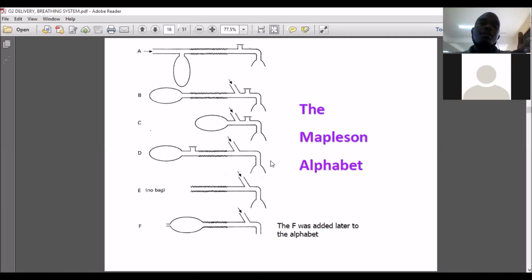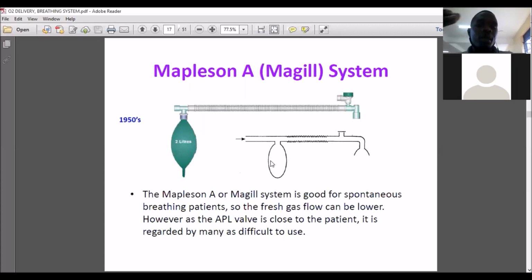Now here they are giving us the different types of Ambubags or breathing circuits that we can have. In the alphabet we have A, B, C, D, E, and F, so we shall be looking at them. We have the Mapleson A. This one is a type of Ambubag.